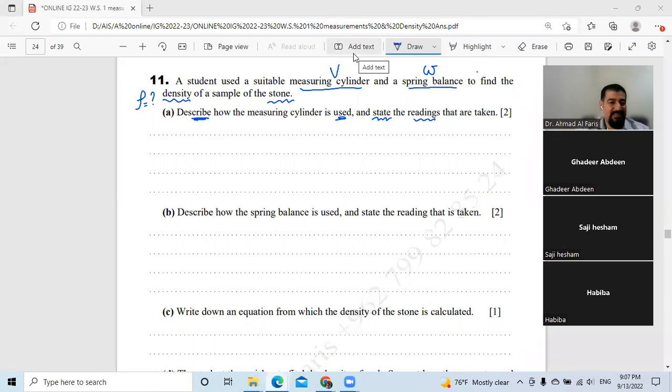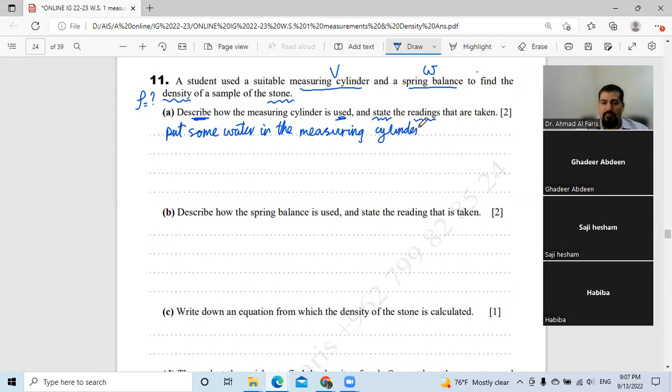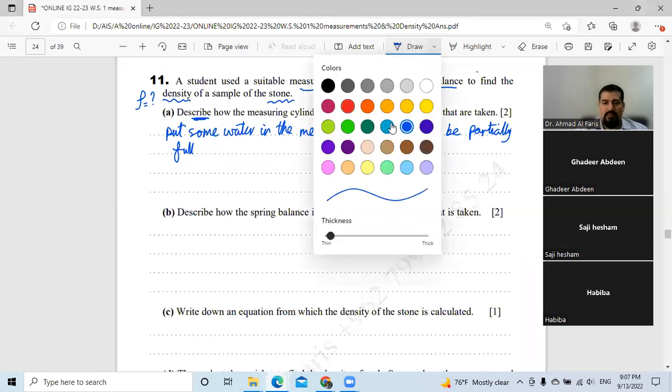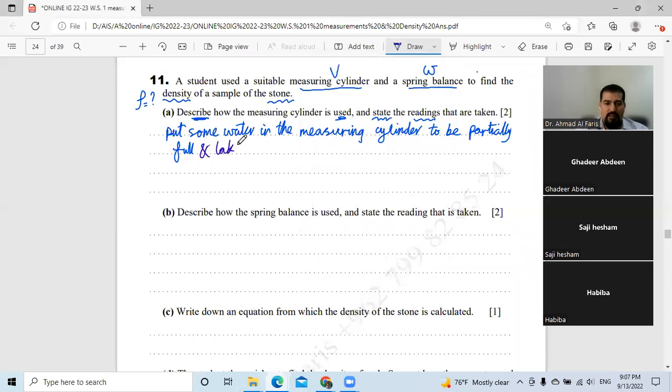So what do we have to do? Pour some water in the measuring cylinder to be partially full and take its volume, V1.